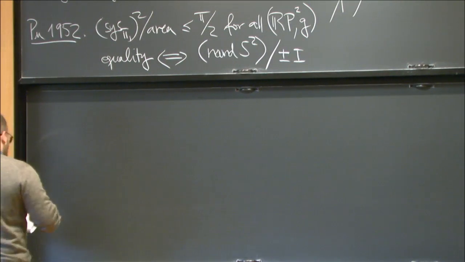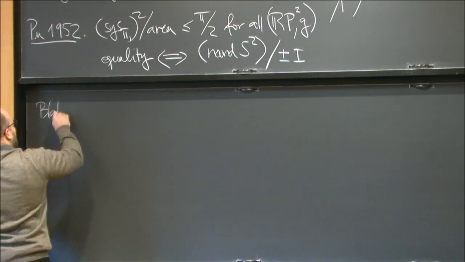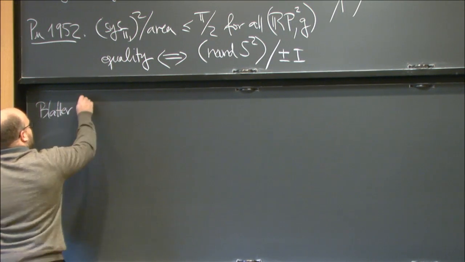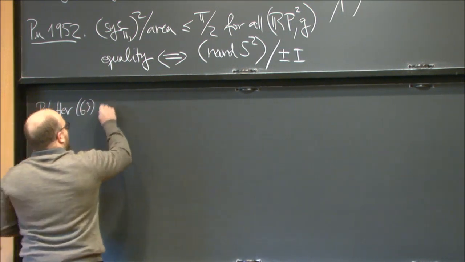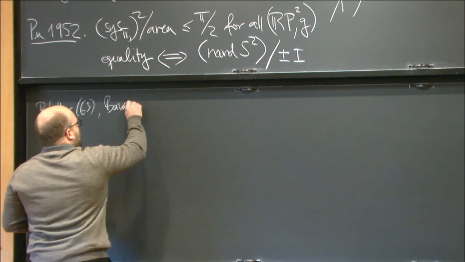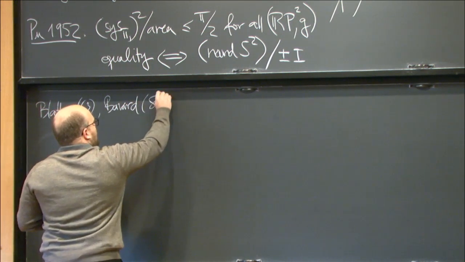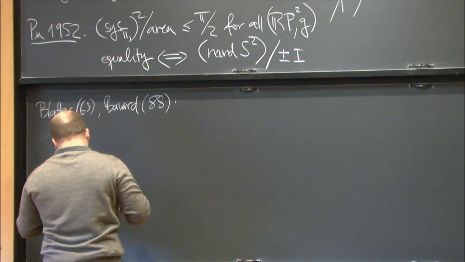One should also mention the result obtained independently by Blatter in '63 and Bavard in '88 for all metrics on the Klein bottle.